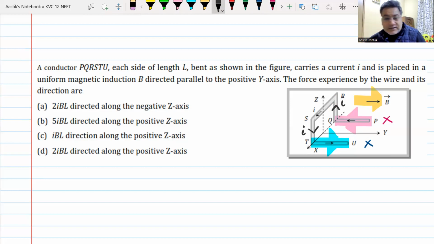QR wire and ST wire are having current in the opposite direction, so they will experience force in the opposite direction. So these two wires' forces will cancel each other out. Do we understand this? Because they carry current in the opposite direction, so force will be in the opposite direction. Do we understand this?